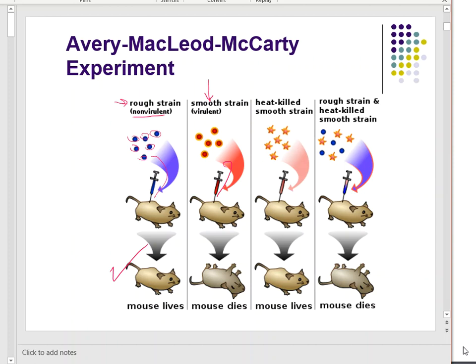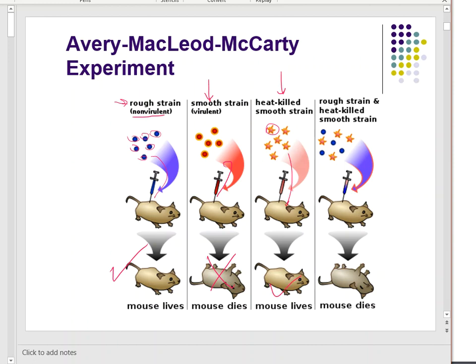Well, it was alive. We knew that this mouse would probably get some type of disease. And sure enough, the mouse dies. And then we take heat-killed smooth strain, which means these were alive, and we basically blasted it full of heat, thinking that we would have killed the virus, and we shoot it into a mouse, and yay!